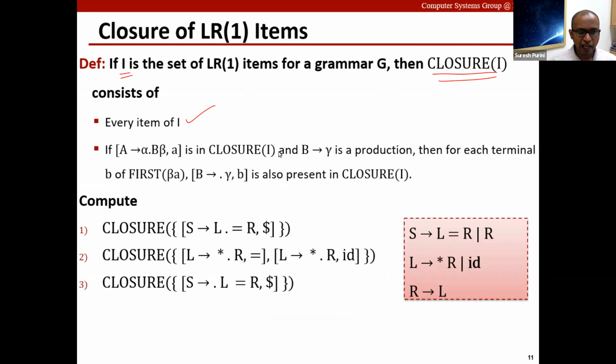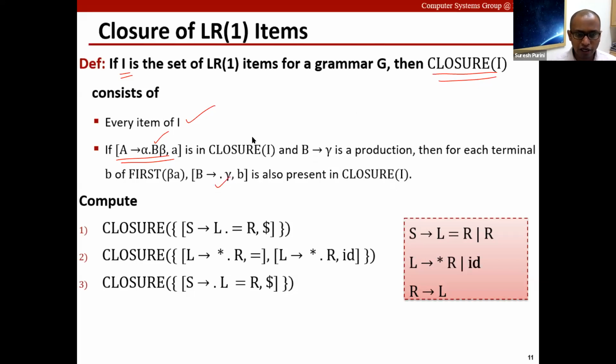And then for every item such as A goes to alpha dot B beta, followed by a, where B is a non-terminal symbol, we can use this LR1 item to expand the closure set a bit more. And how do we expand it? We look at substitution rules like B goes to gamma, and then for every terminal symbol that is present in first of beta a, we add an LR1 item like this.